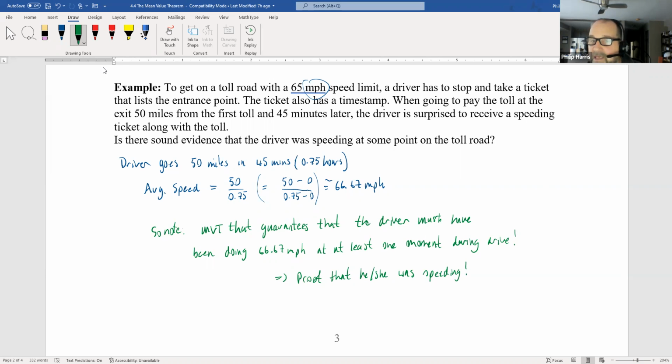There's no way that they can drive at exactly 66.67 because they started from a standstill. So they were going faster than 66.67 at some point. And this is not a difficult question. It's a fairly obvious question, but it actually is a logical and natural conclusion due to the mean value theorem. All right, here's another little example.